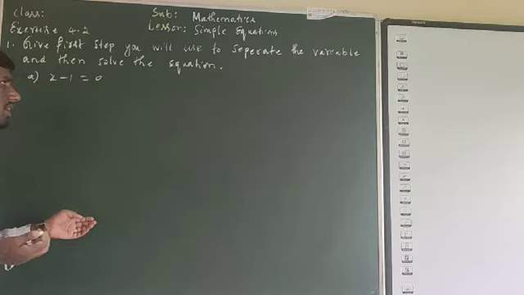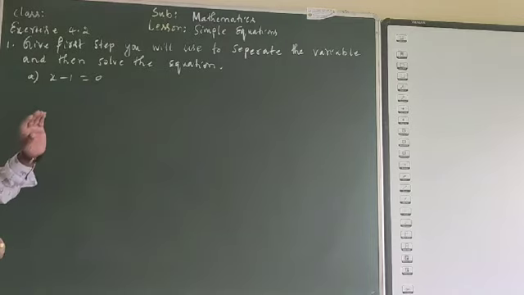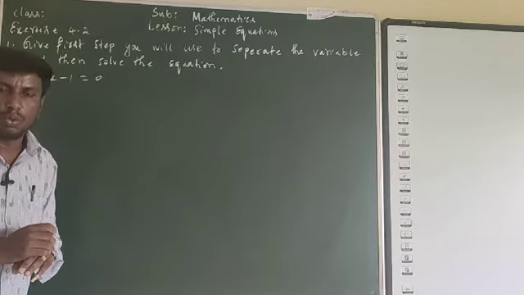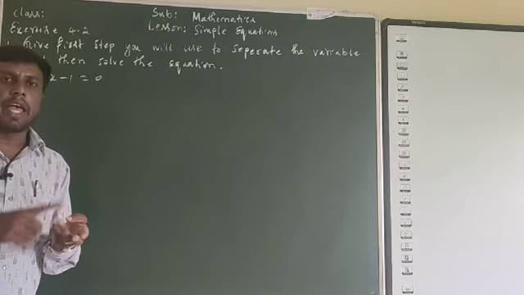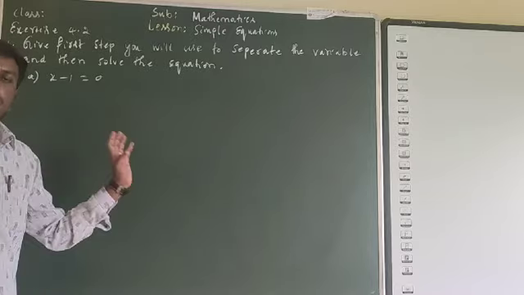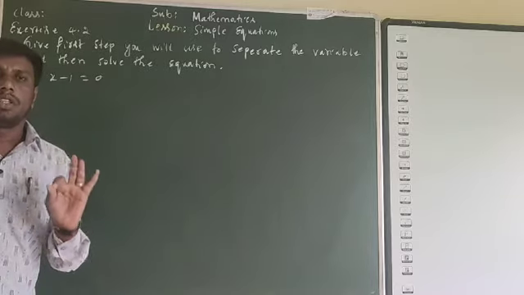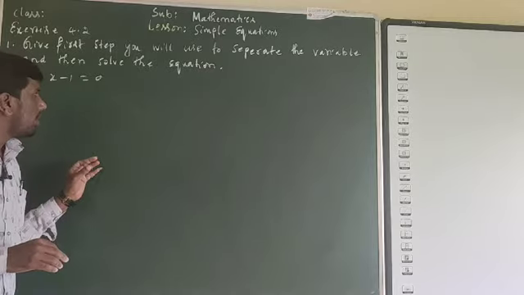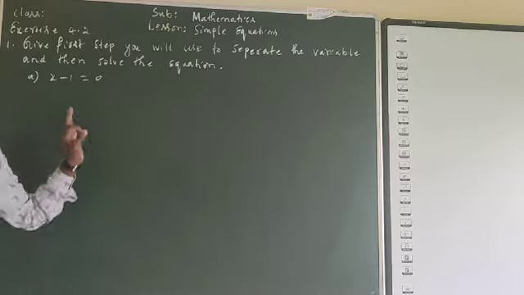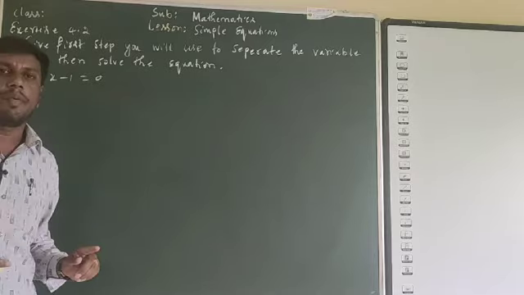Equation is also the same. That is the rule: add, subtract, multiply, divide, whatever operation you do, do it for both the sides. Then only the value of the variable will not alter. If you do it for only LHS and not the RHS, that will change the value of the variable.